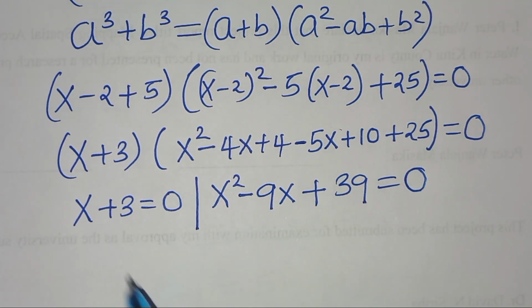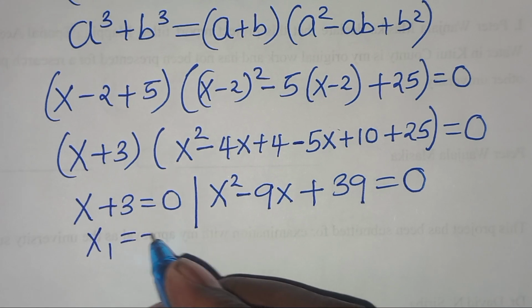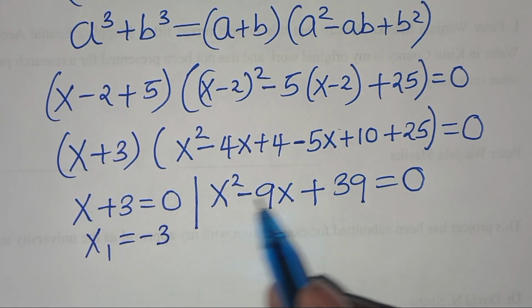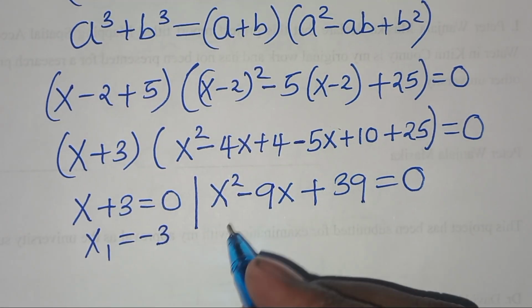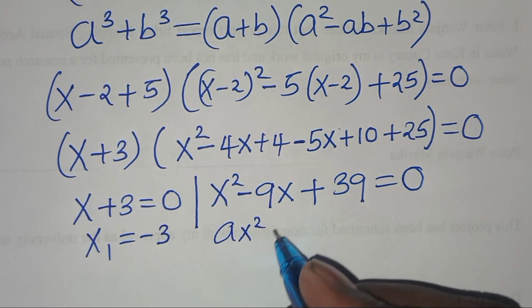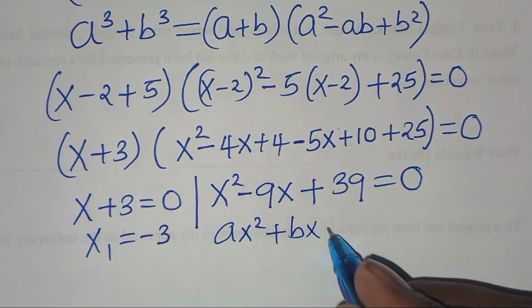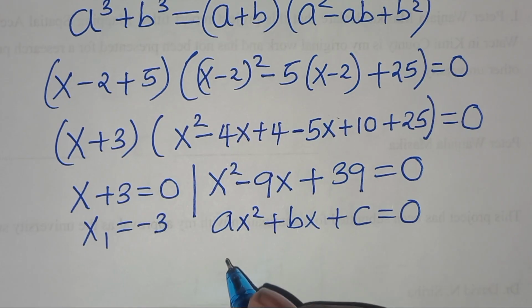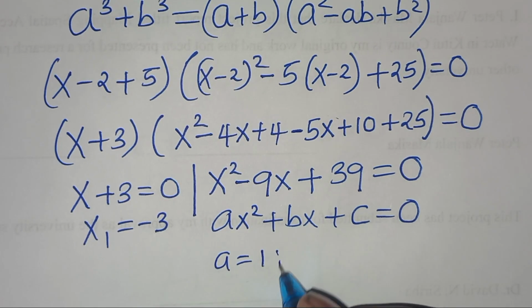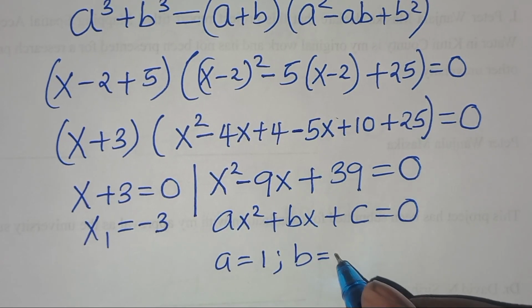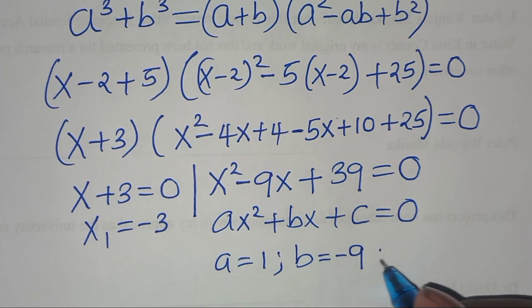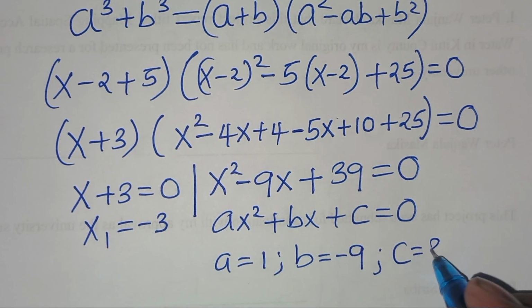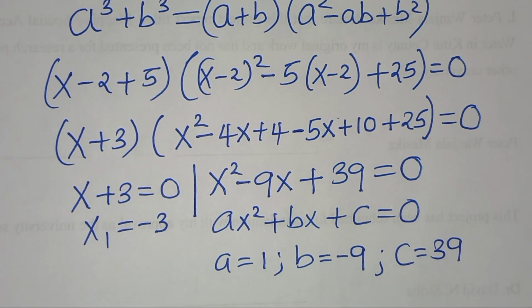Now, the next step is that x1 here is equal to minus 3. And the second part is the quadratic equation of the form ax squared plus bx plus c equals 0. So a is equal to 1, b is equal to minus 9, and c is equal to 39.